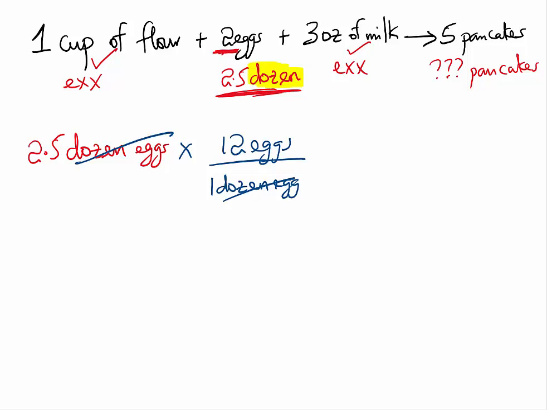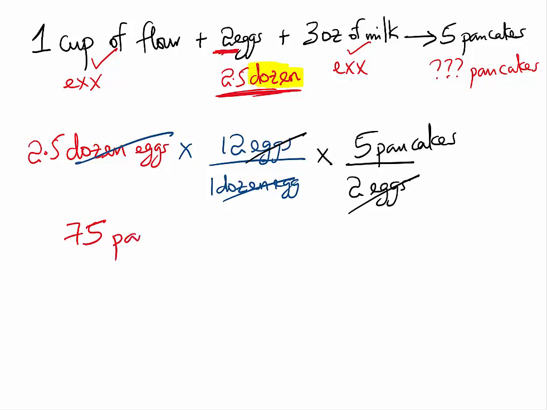Now I can relate what I know to what I want. I know that the relationship is that normally 2 eggs will give me 5 pancakes. Eggs will cancel out, and then I will use my calculator to finish the rest, which means that I have 75 pancakes that I can produce if I was gifted 2.5 dozen of eggs.